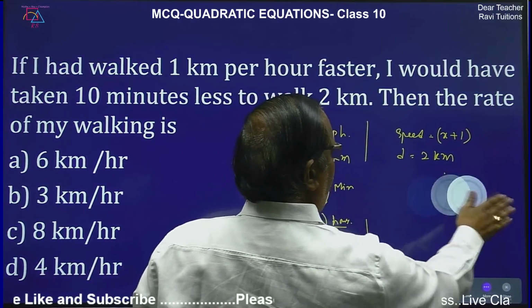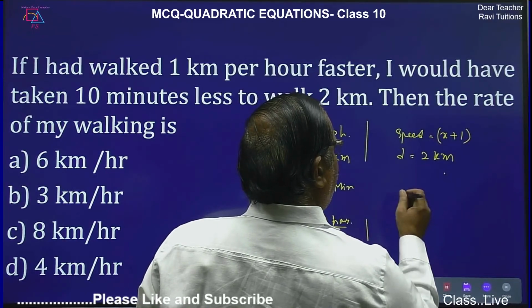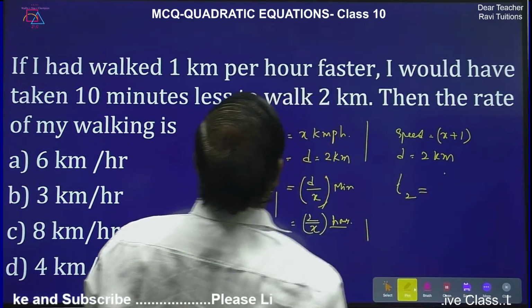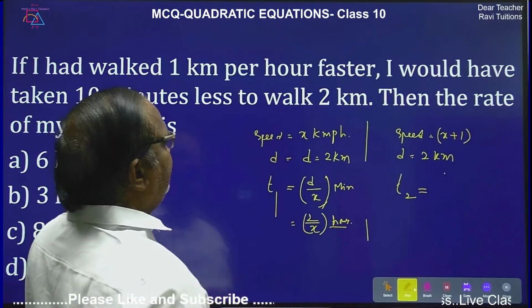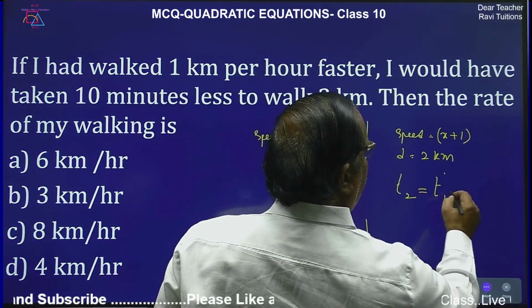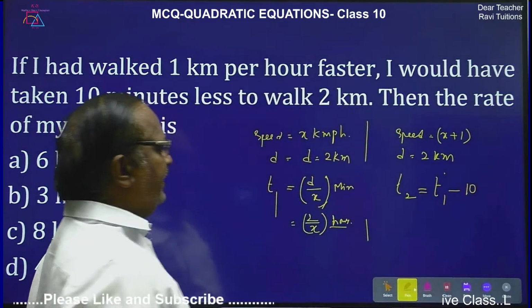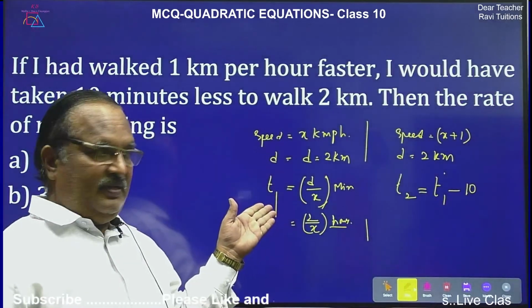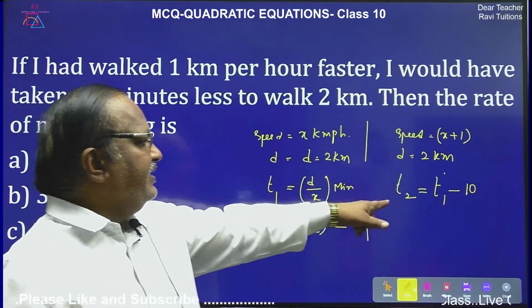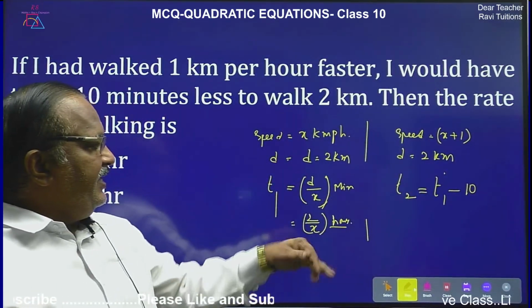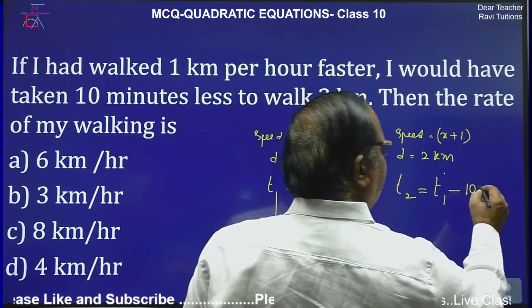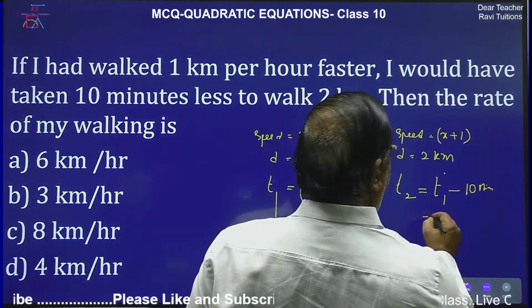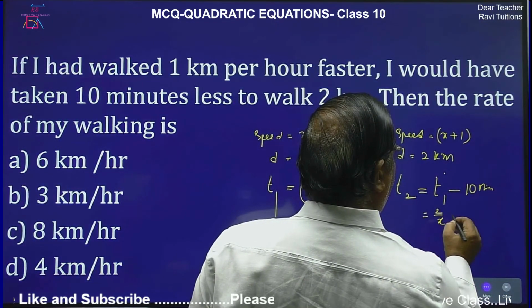Okay. So here T2 is how much it is given? T2 is 10 minutes less than T1. T1 is original. Okay, 10 minutes less. So T2 is equal to T1 minus 10 minutes. This is minutes. So now T1 is how much? 2 by x.